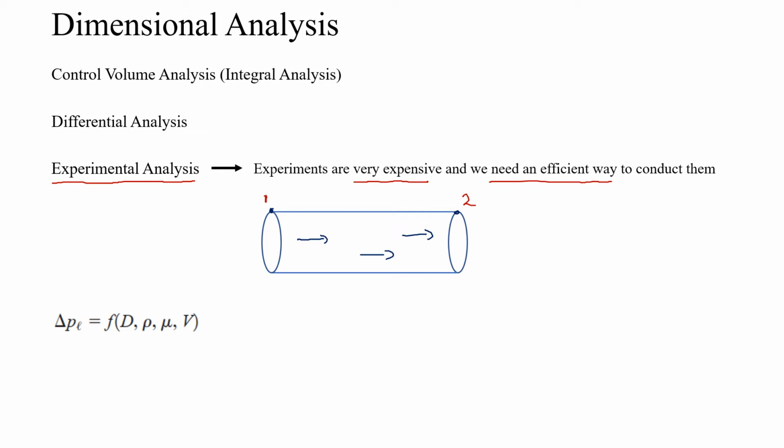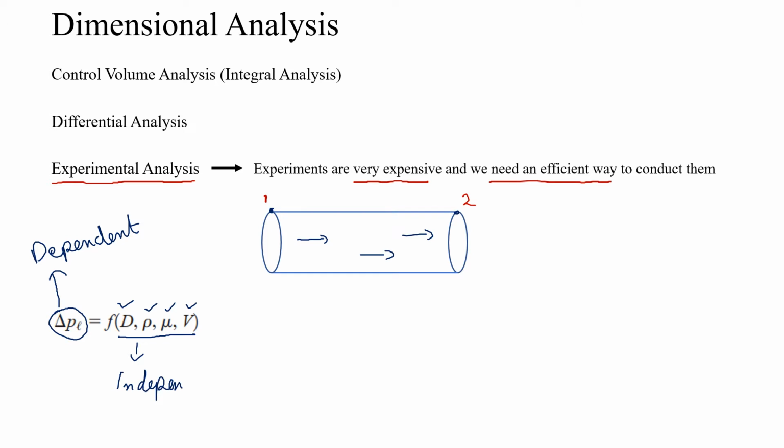So in total we have 5 variables, and we want to see the effect of these 4 variables, that is the diameter, density, viscosity, velocity, on this one variable, that is the pressure drop per unit length. So this is the dependent variable. It is dependent on the diameter, viscosity, density, and velocity of the fluid, and these are the independent variables.